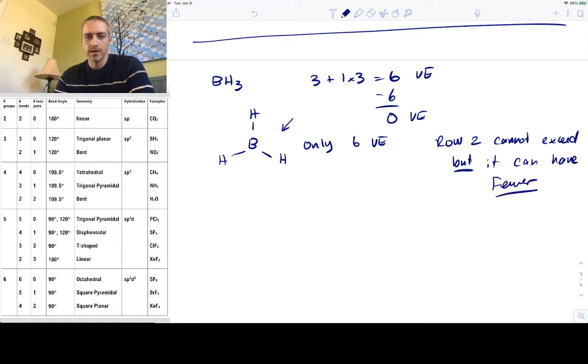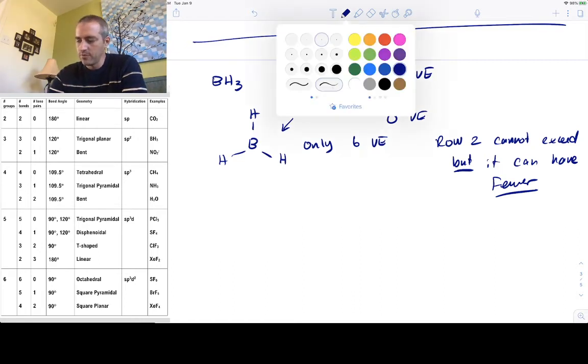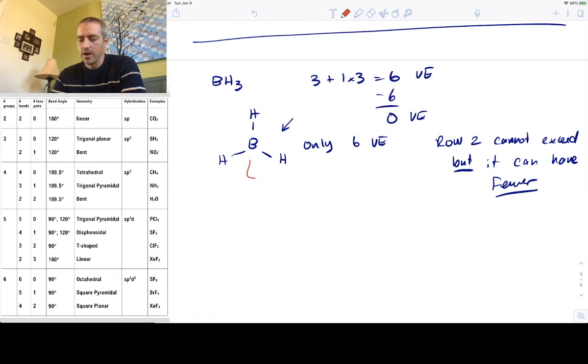It can have fewer than 8 electrons. It can have 7, it can have 6, as we'll see. So that's okay. So this boron, even though it has 6 valence electrons, does not have a full octet, but that's still okay. You can finish it off by looking at formal charges. The hydrogens, I don't think hydrogens ever have a formal charge when they're part of a compound except for 0.